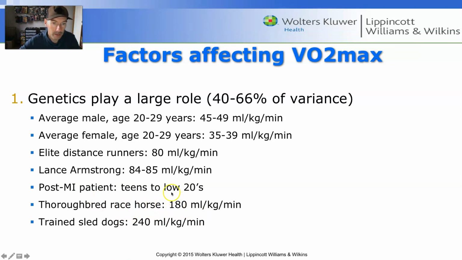Thoroughbred racehorses have had a VO2 max close to 180 measured. Sled dogs, 240. So we're talking about 4 to 5 times that of your average human. And think about the differences here, right? Obviously, a racehorse is a giant animal, much bigger than a human.